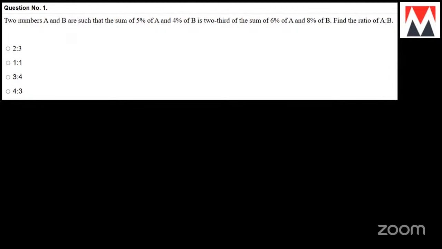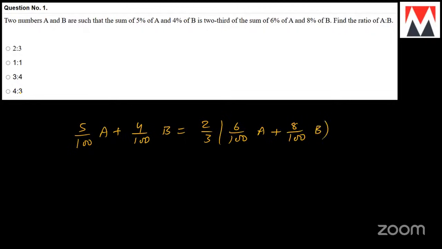So it is given as 5% of A, so it is 5 by 100 into A plus 4 by 100 into B is equal to two-thirds of the sum of 6 by 100 of A plus 8 by 100 of B. You remove all hundreds and multiply 3 this side and 6 this side.